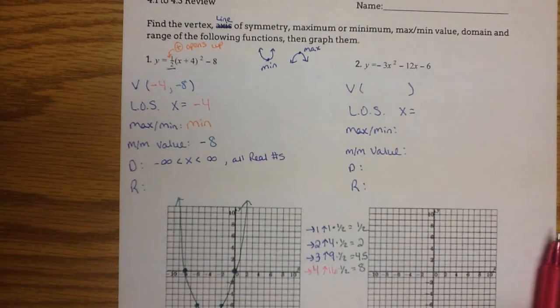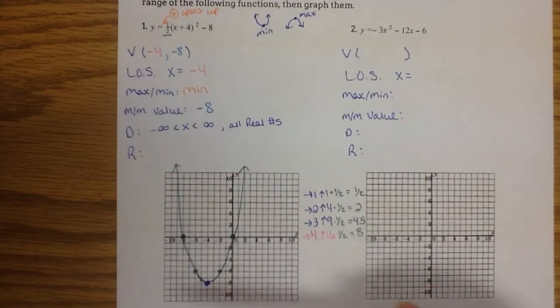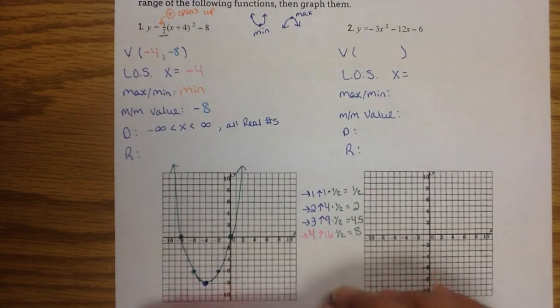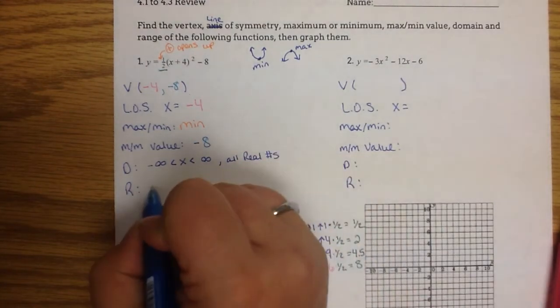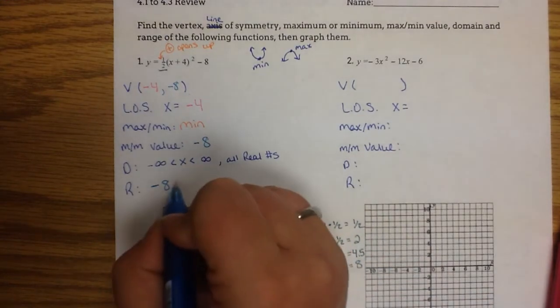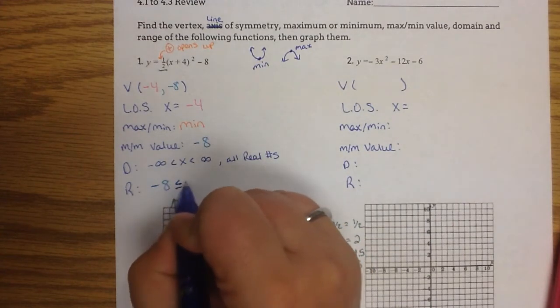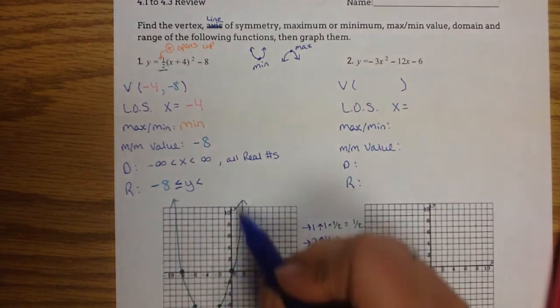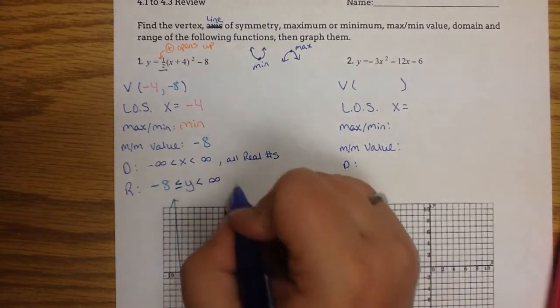Okay, so then my range. To get the range, you put your pen on the bottom of the parabola and work your way up. So if I put mine at the bottom of my graph, and work my way up to my parabola, the first thing I hit is this -8. So that tells me that the range is going to be -8, since my parabola is actually touching it, less than or equal to y, which is less than, if I go to the top of my parabola, it'll be arrows, so infinity.